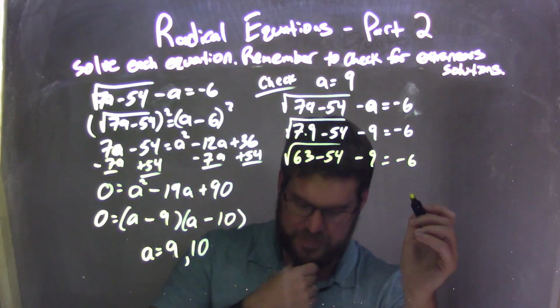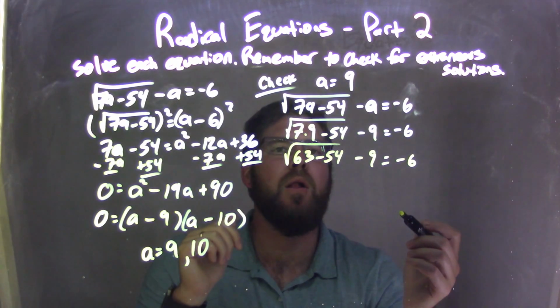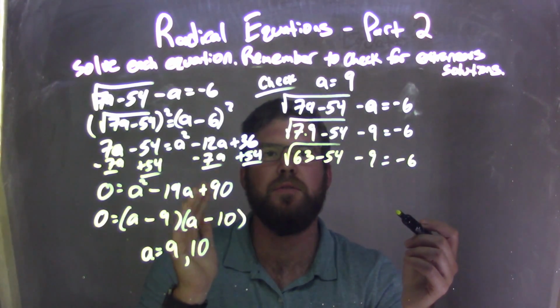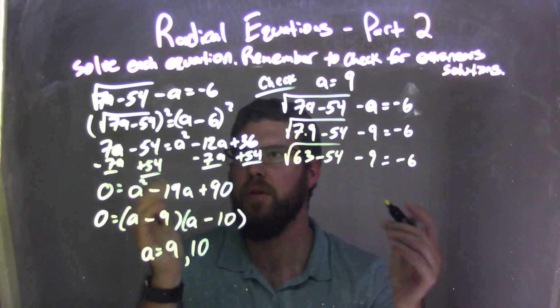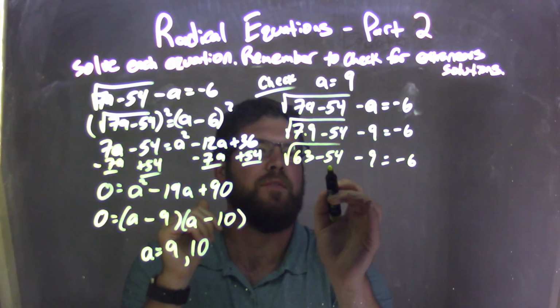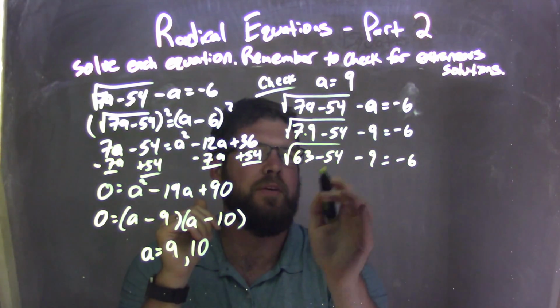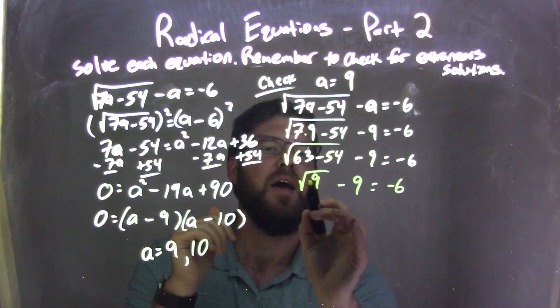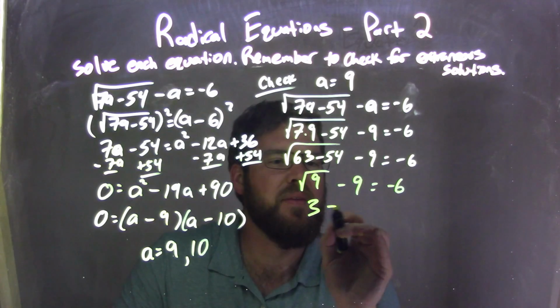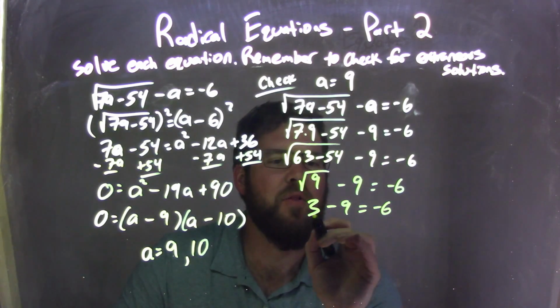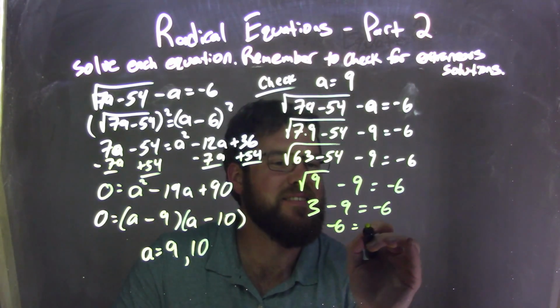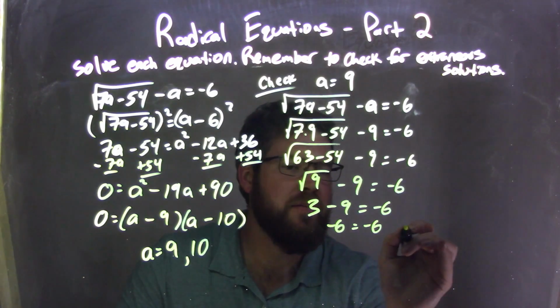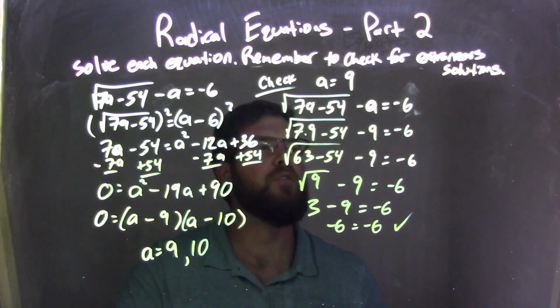Well, 63 minus 54 is 9, so the square root of 9 minus 9 equals negative 6. The square root of 9 is 3. So 3 minus 9 is negative 6. Does negative 6 equal negative 6? True. Fantastic. 9 is a real solution.